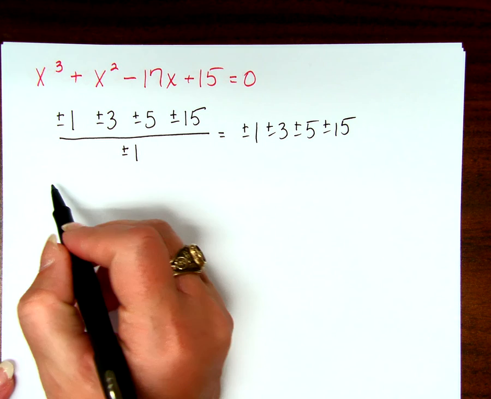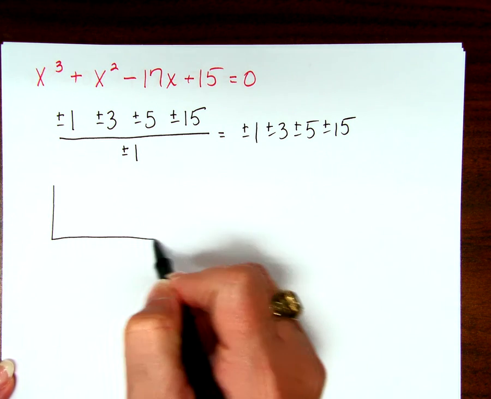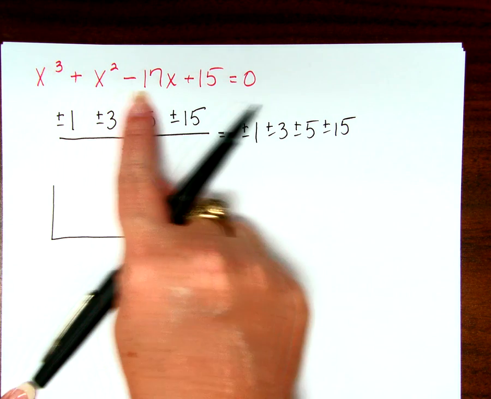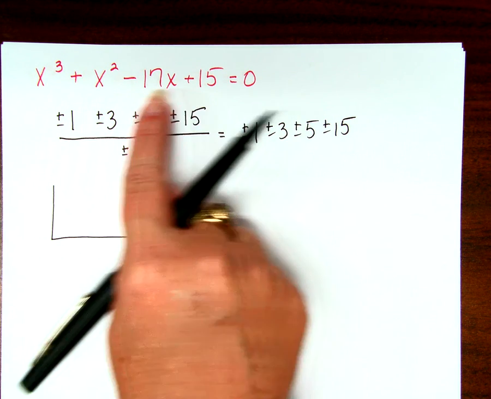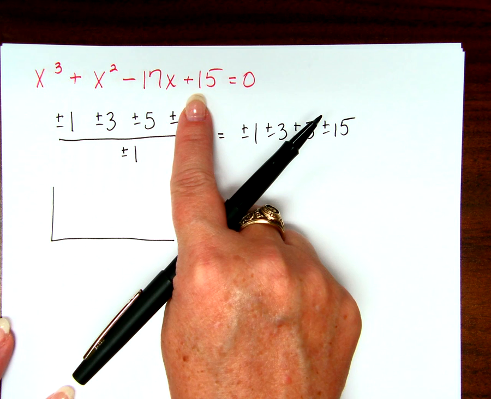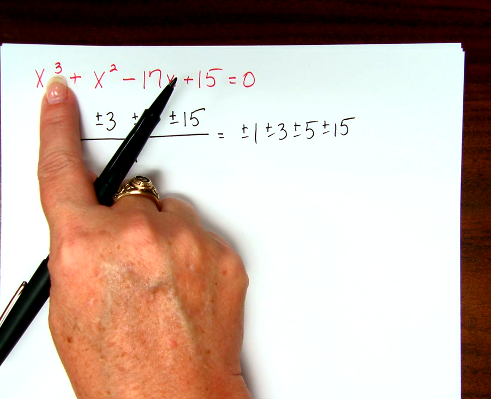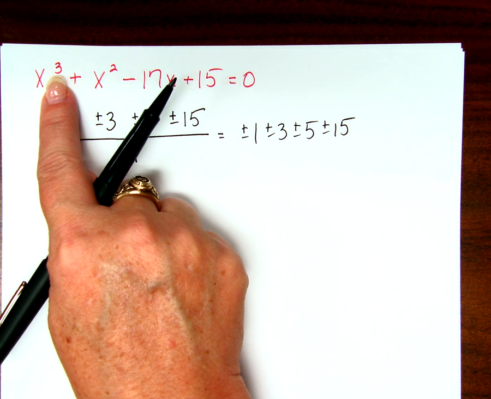Okay? So let's try to find a factor by doing synthetic division. Now, how many factors of this problem should I get? What's the highest exponent? 3. That's how many solutions I should get. Factors.